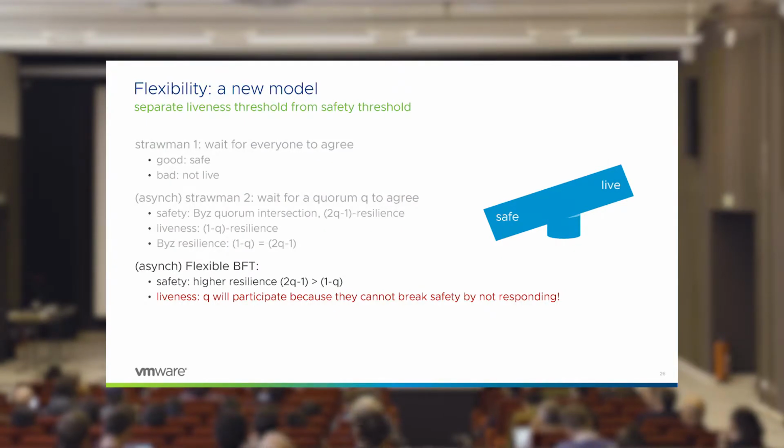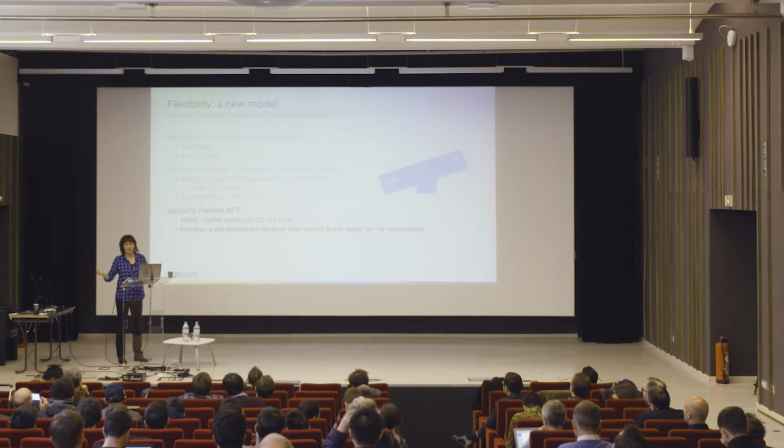Why can we do something better? The whole point is that we're going to favor safety over liveness in situations where we have evidence that some of the members are participating. So what we're going to say is we already have liveness, right? The bound N minus Q was in order to guarantee that we get enough responses.